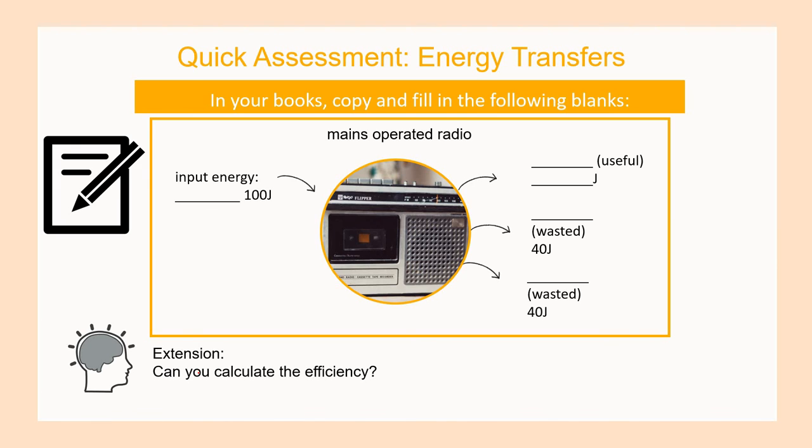We want energy to be transferred as sound, and this is going to have 20 joules, because this plus this plus this need to equal this. We're going to have potentially some thermal energy wasted. Your radio might get hot.